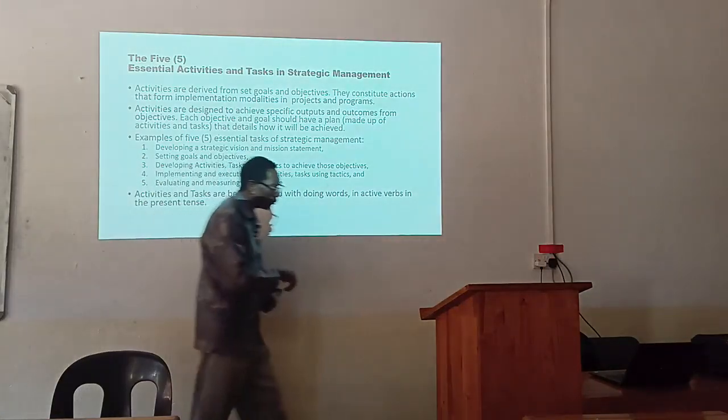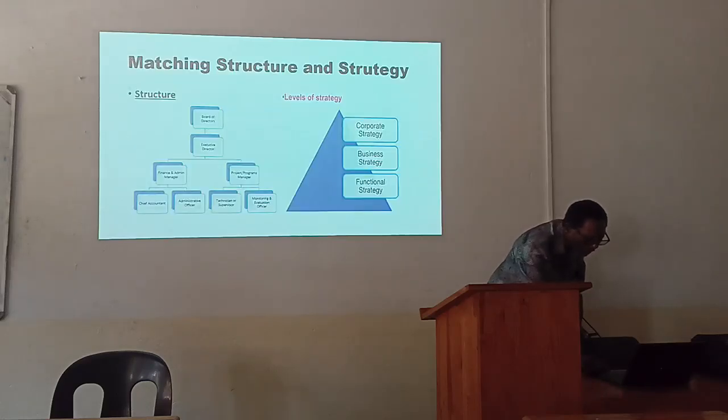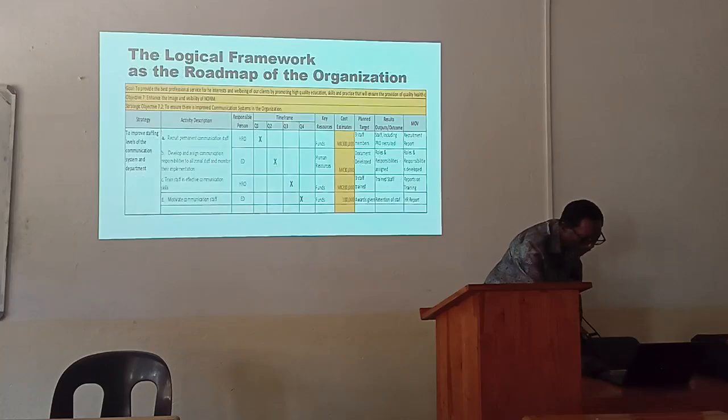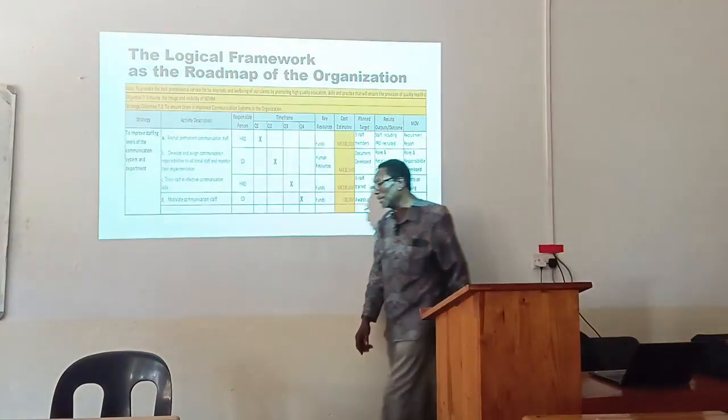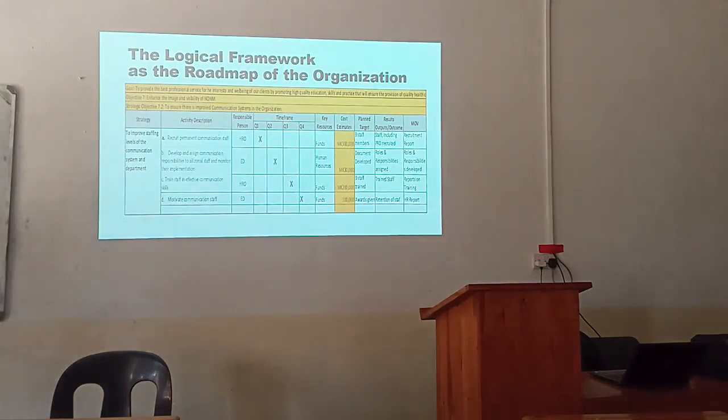So, what we have now, this is what I wanted us to see. These other areas, I will touch them later. But what I wanted to say is that our discussion aims at us being able to develop something like this.